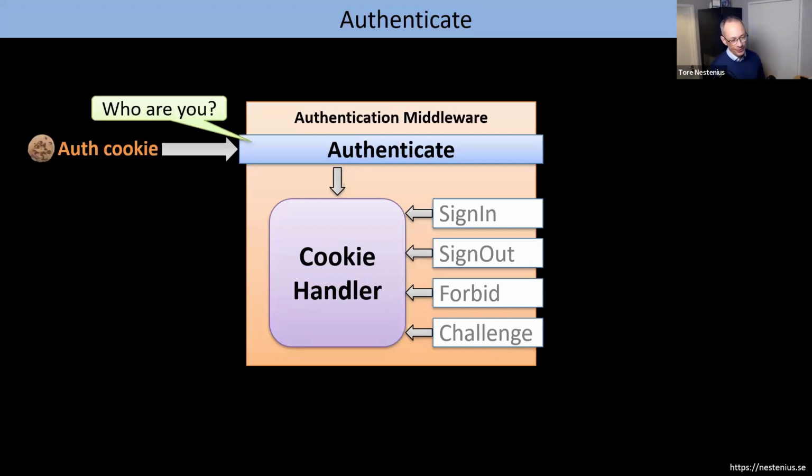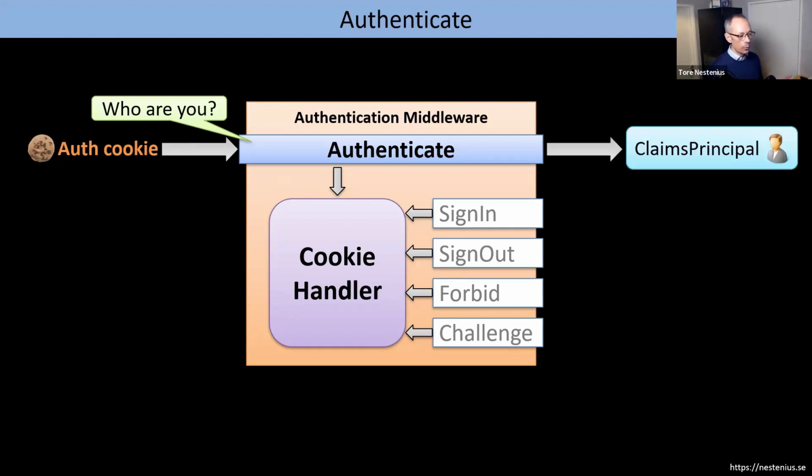Well, authenticate looks at the incoming request. It will pass the details to the cookie handler and try to look at the cookie that is part of the request. It tries to see, can we create an identity based on that information?